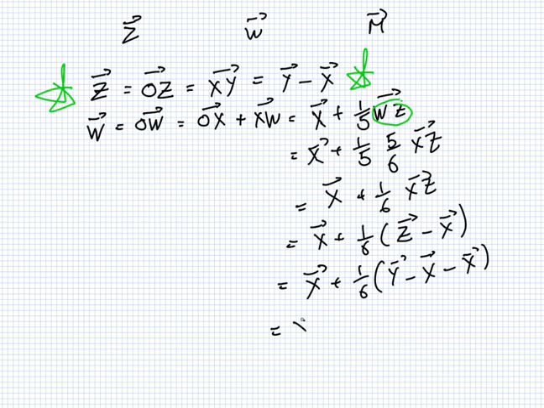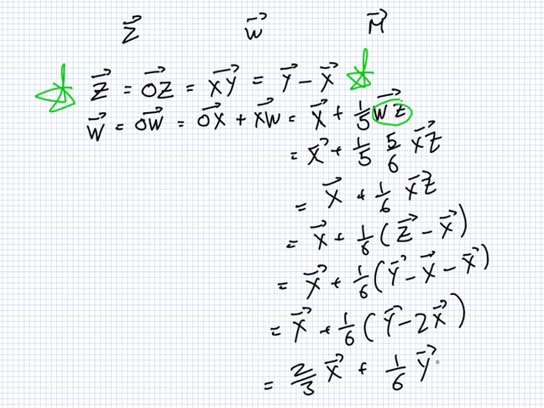So I get x plus 1/6 y minus 2x. So in total I have x minus 2/6 x, which is 2/3 x, and then plus 1/6 of y. Oh, I just left out a minus. No, it's not. Sorry. Minus 2x plus x. It's minus. No, it's minus 2/6 of x.